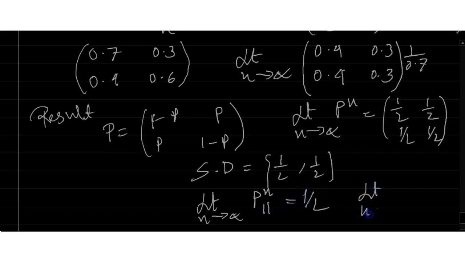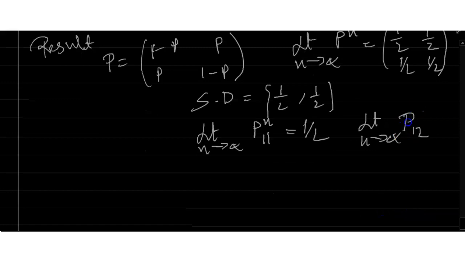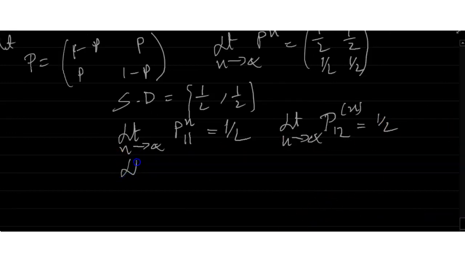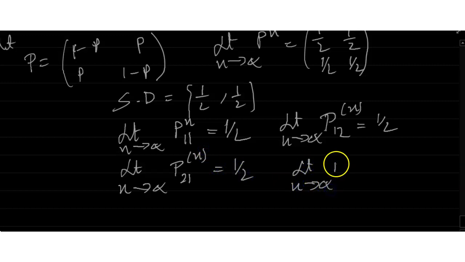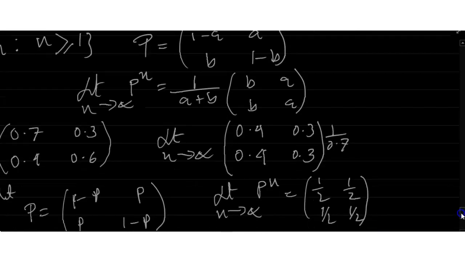Limit n tends to infinity P_12^n equals to half. Limit n tends to infinity P_21^n equals to half. Limit n tends to infinity P_22^n equals to half. I hope I can clear this total Markov chain. Thanks for watching.